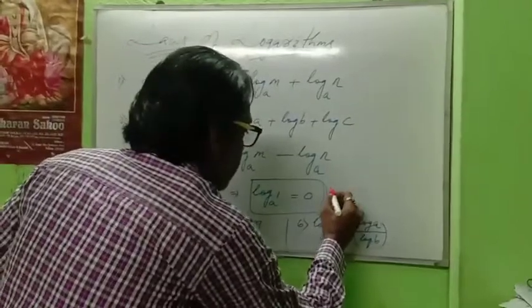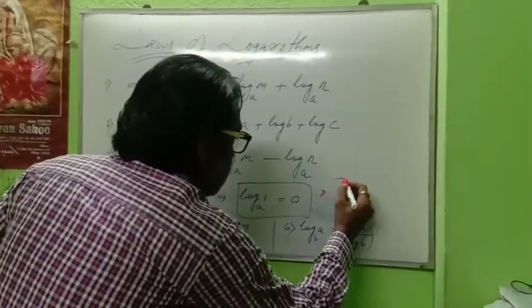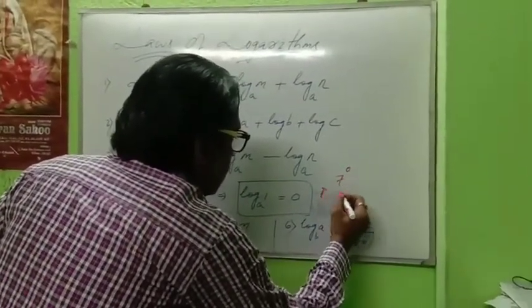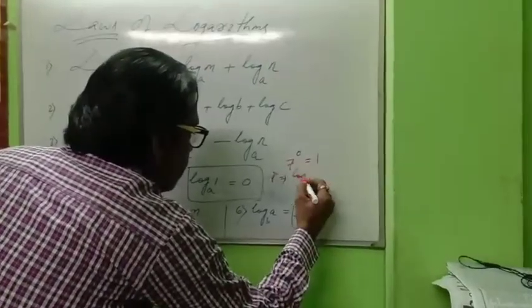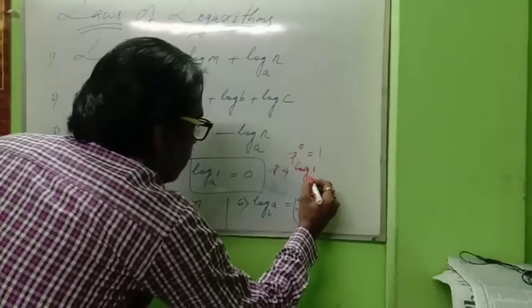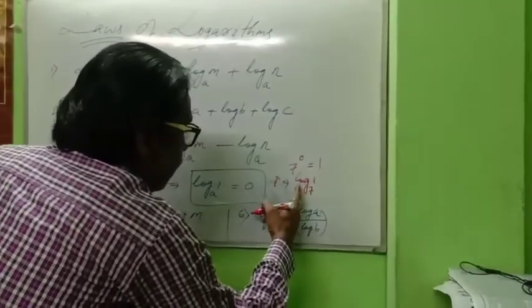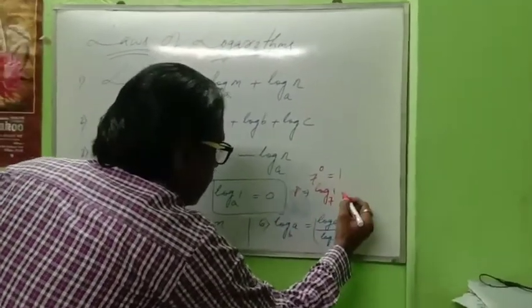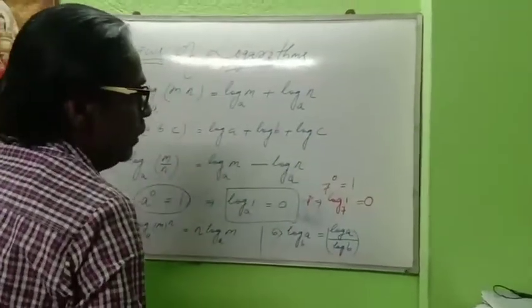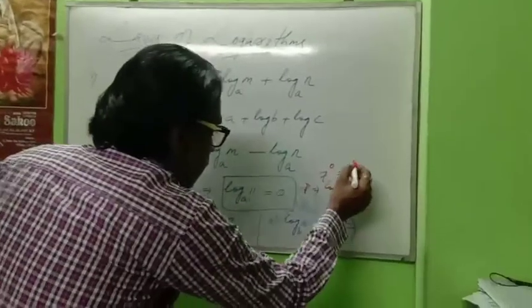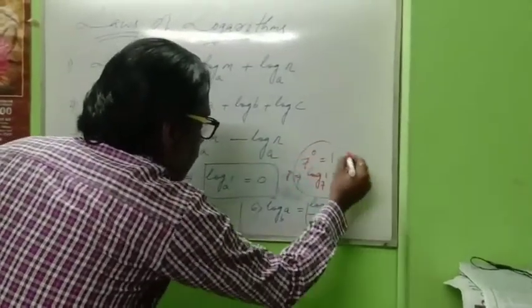Suppose 7 to the power 0 is 1. So this implies log 1 base 7 is how much? The exponent will go that side. It is always 0. Log 1 is always 0.